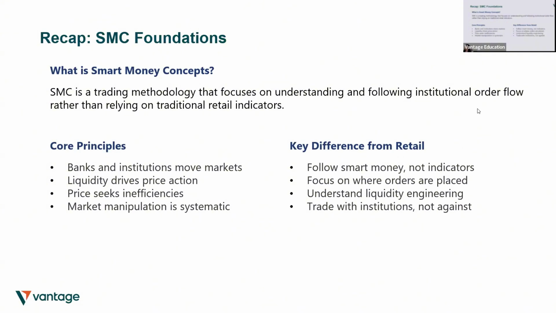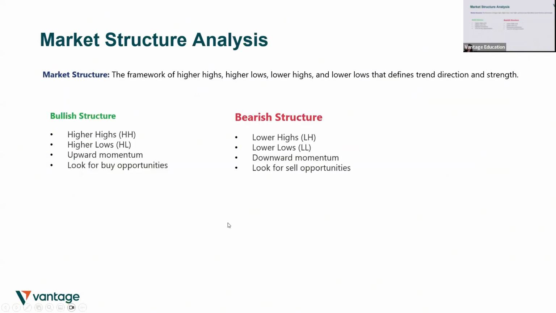All right. Furthermore, for smart money, you should know how to look at market structure. Market structure is the framework of higher high, higher low, lower high, lower low that defines trend direction and strength. For bullish structure, price makes higher high, higher low, higher high, higher low.